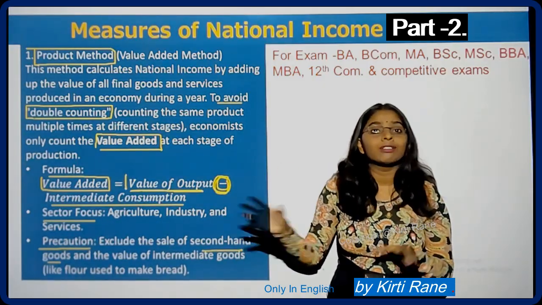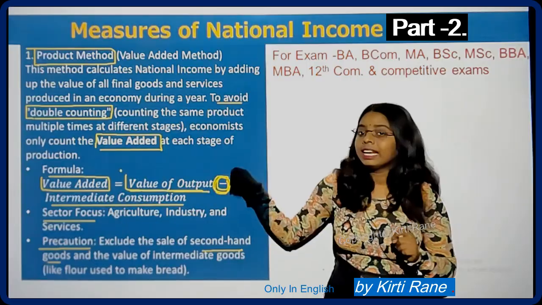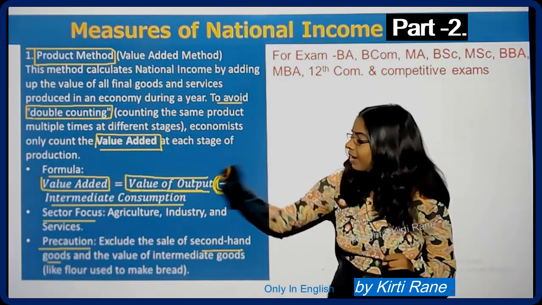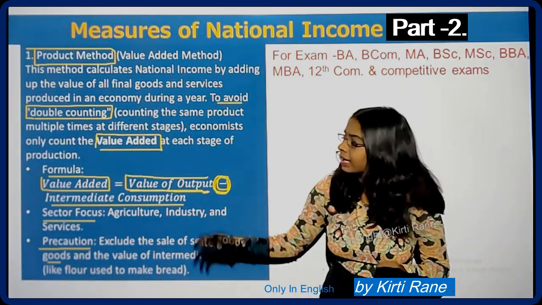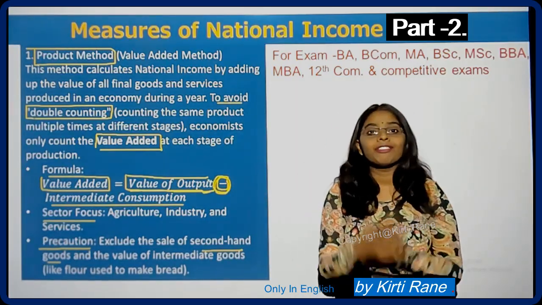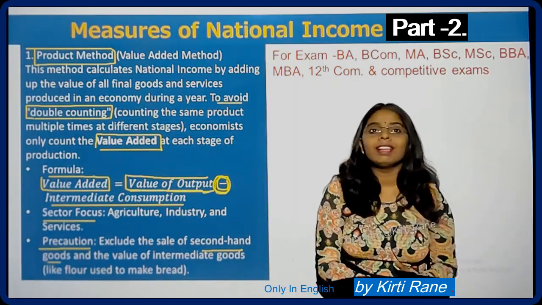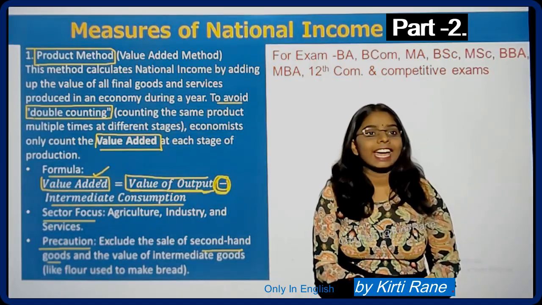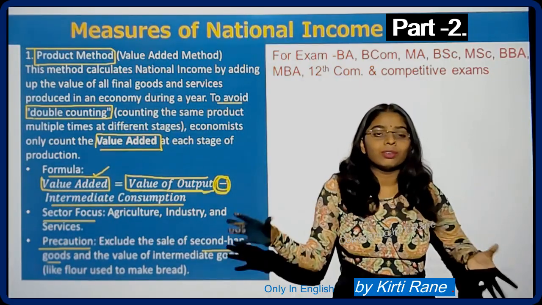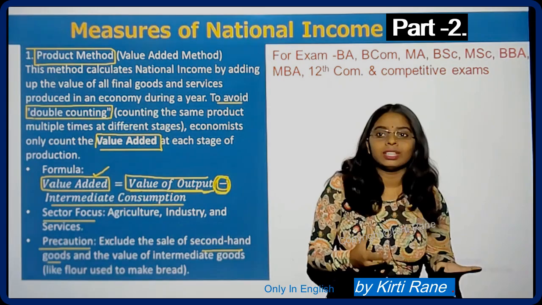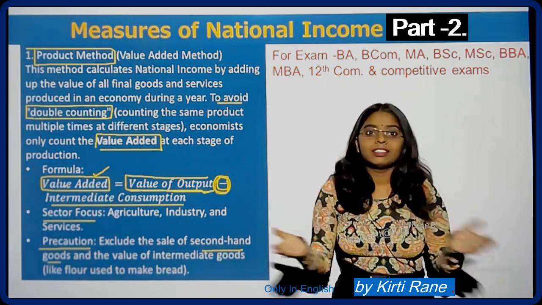Now that value added would be for that one particular sector, like value added in agricultural sector, value added in industry and value added in service sector. And if we add all the value added in all the three sectors, we will finally get GDP at MP. But as we know, GDP at MP is not actually the national income.